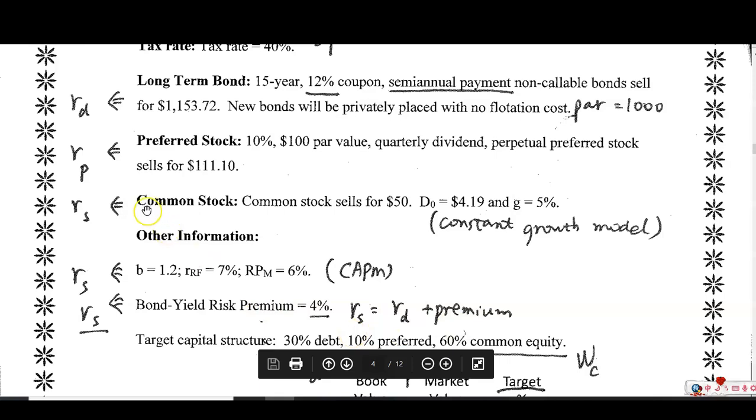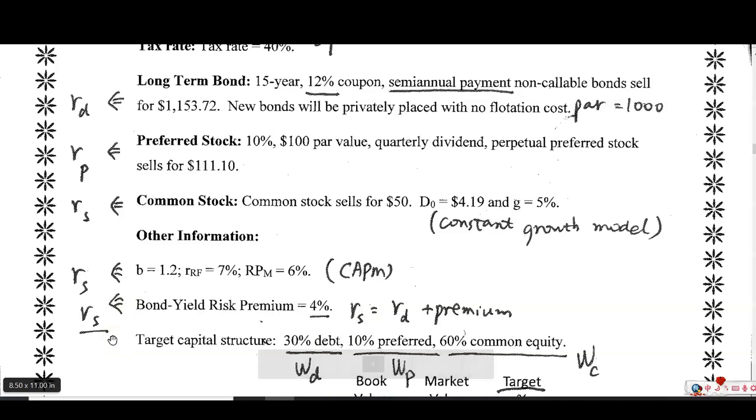So we have three ways of calculating the cost of common equity. We can use the constant growth model or the CAPM model. We can also use the bond return plus the bond yield risk premium to get the stock return.